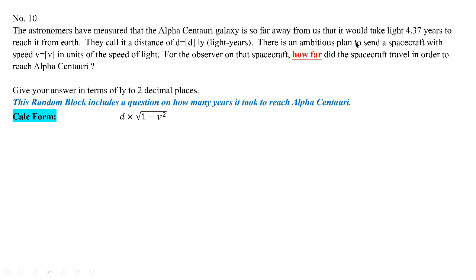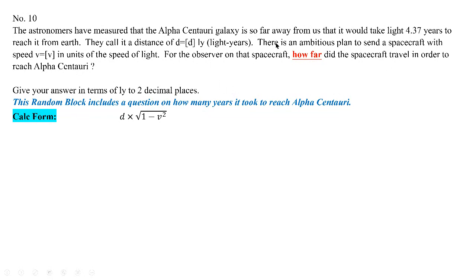So they will say it is 4.37 light years, meaning the actual distance is light traveling at 3 times 10 to the 8 meters per second for 4.37 years. So the unit is LY, light years.